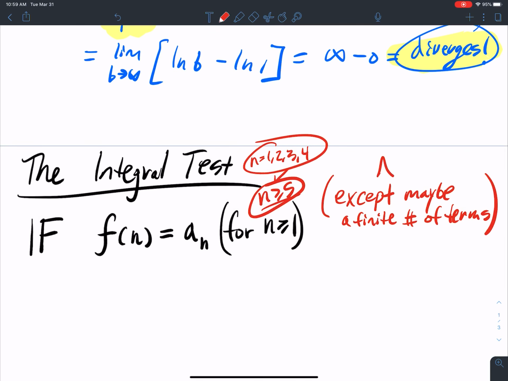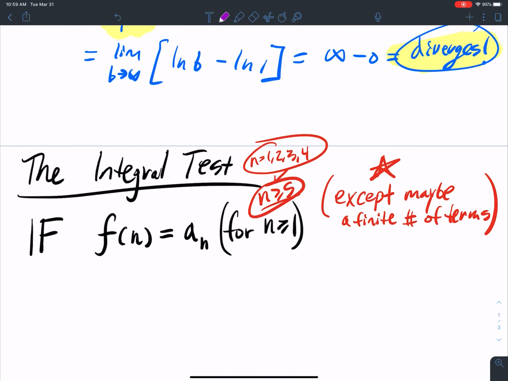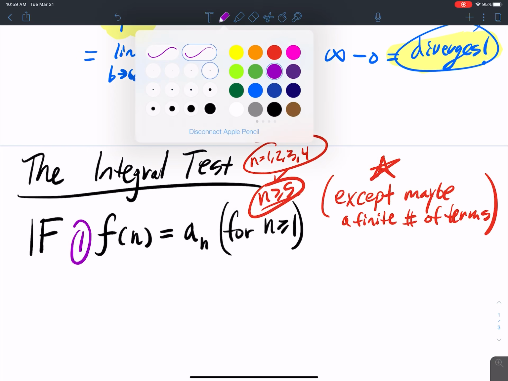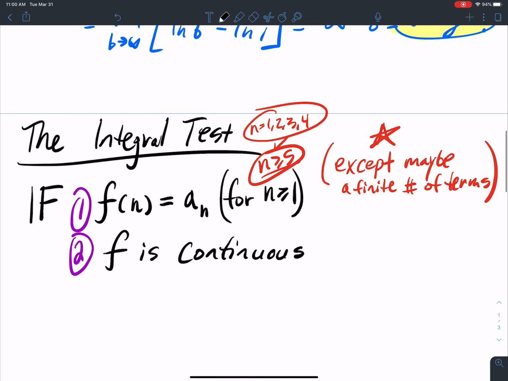Okay, so very important concept there. Make sure you understand. If you don't get that, email me and we'll get it figured out. Okay, so that's number one. Number two that has to be satisfied: f is continuous for x greater than or equal to 1.